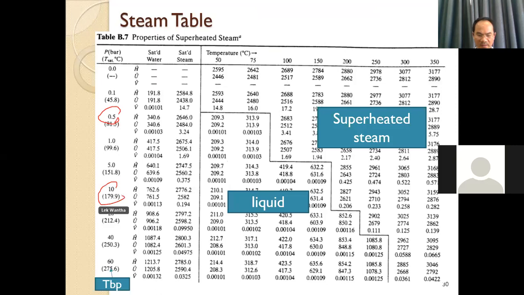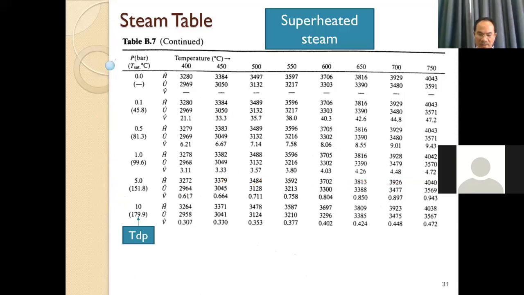For 10 bar, 50 is liquid, 75 liquid, 100 liquid, 150 liquid. Okay, 400 is greater than this. That's right. This 400 is superheated. You also use this table for 10 bar, for 400 is superheated. Okay, this is clear. The water at 400 degrees and 10 bar is superheated steam. That's right. Superheated steam.